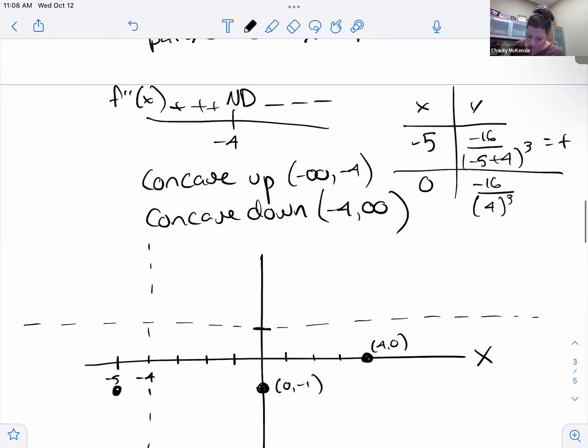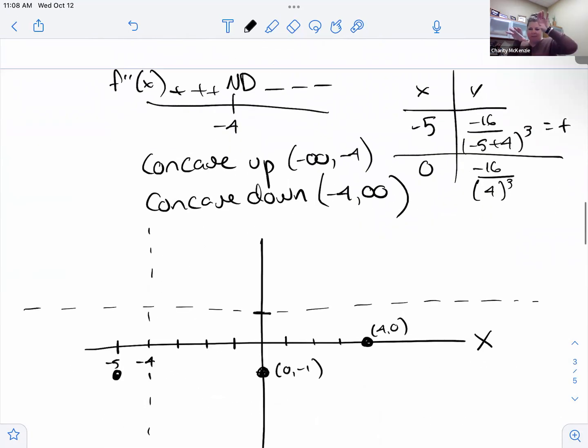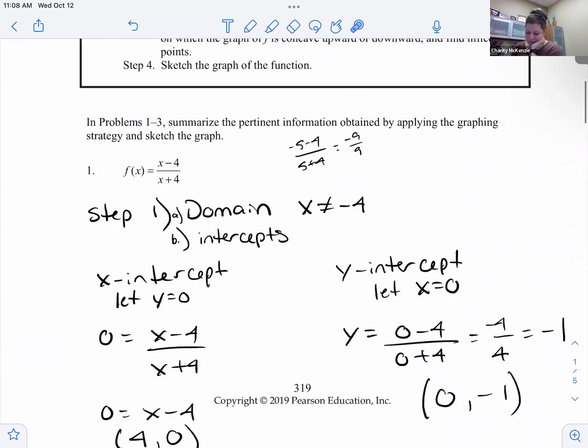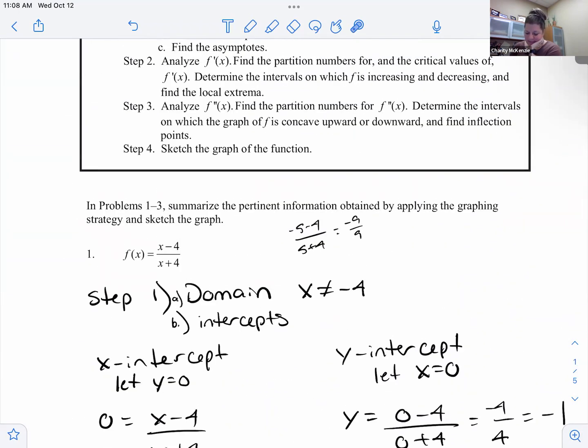So, in my logic, I thought the graphs were opposite, but this one could be concave. No, did I put in my value wrong? Did I do something silly up here? -5 minus 4. Oh, I did.